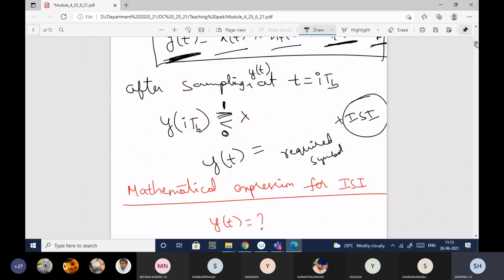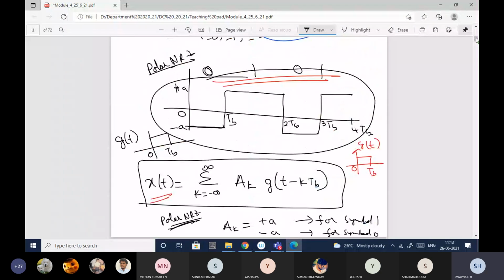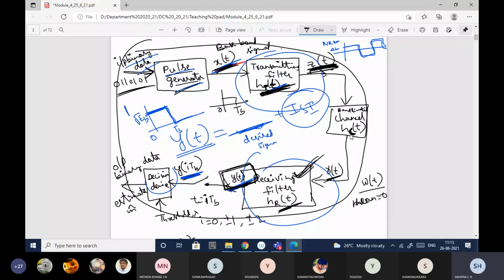The channel consists of additive white Gaussian noise with mean equal to 0, variance equal to N_0 by 2, and power spectral density equal to N_0 by 2. But for the time being, I'm not considering the effect of noise.